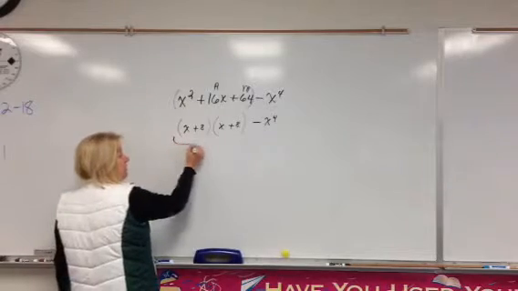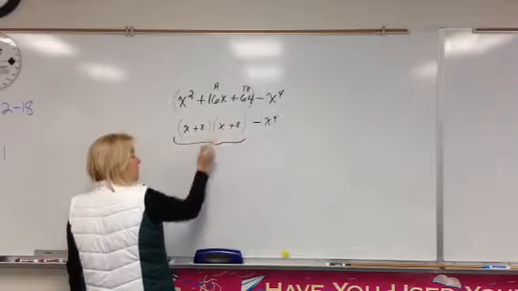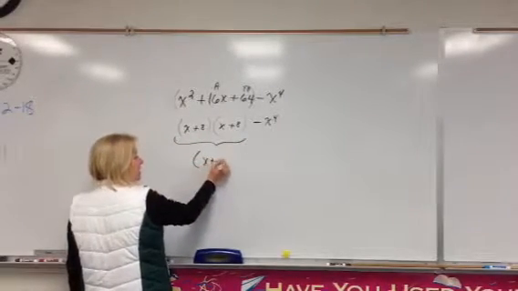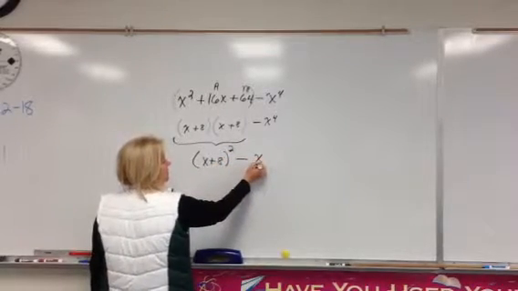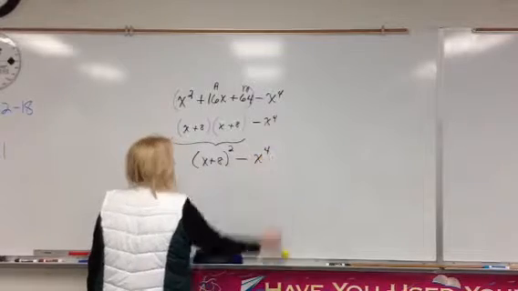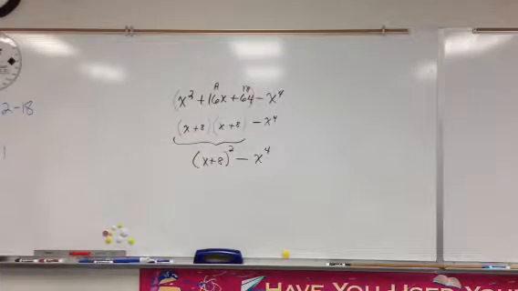Now I'm going to write this. I have 2 of them, so I'm going to write it as x plus 8 squared minus x to the 4th. Just want to make sure they were all x's all the way through.